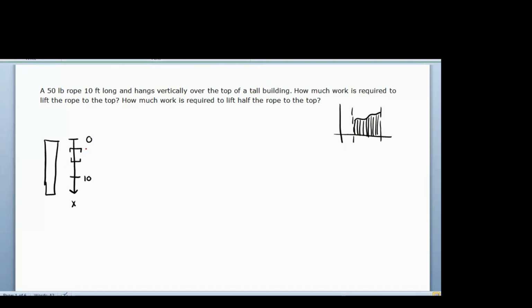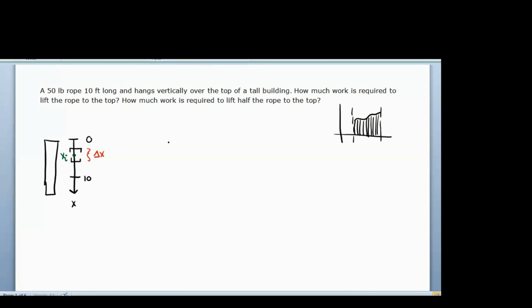This interval has length delta x, and remember, delta x is that value that we're going to let get really, really tiny. In my interval, I'll have some point, which I'll call xi. It's really more appropriate to call it xi star, because usually xi is one of the ends of the interval, but I just don't feel like writing the star over and over again. So we're just going to call it xi.